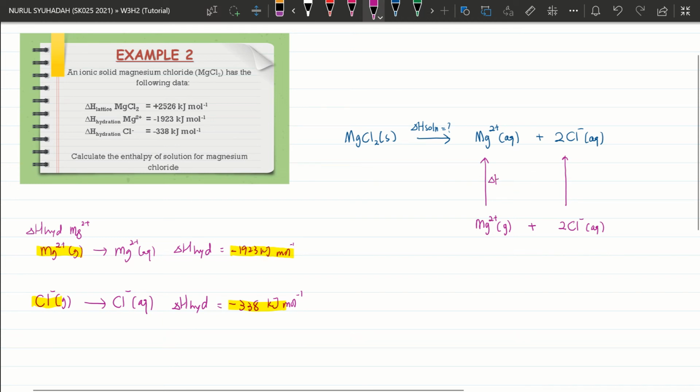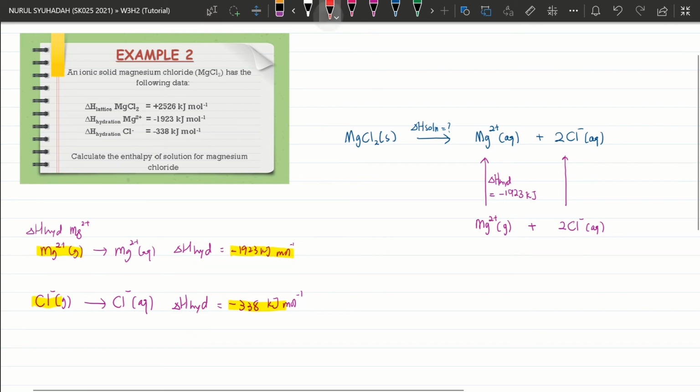So write down the value. Delta H hydration for Mg2+, you don't have to put Mg2+ over here, just put the value: negative 1923 kilojoule. The unit only in kilojoule. Then look at chloride over here. The one given, negative 338, is for 1 mole of chlorine, but inside our equation over here, we have 2 moles of chlorine. So what does this mean?